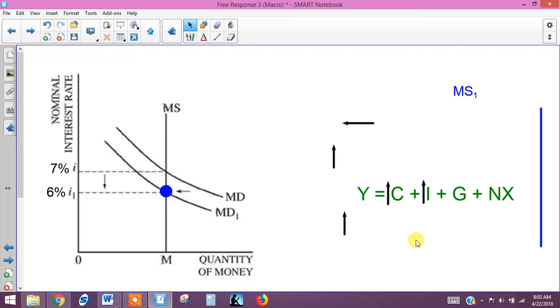And the other thing that happens when the interest rates drop is that it could also cause an increase in net exports. Okay, because you can have more of a capital outflow. So these three things could happen.